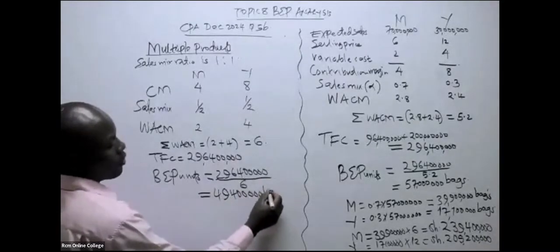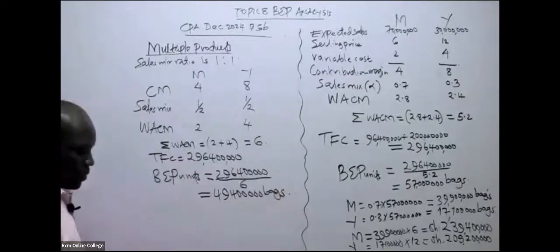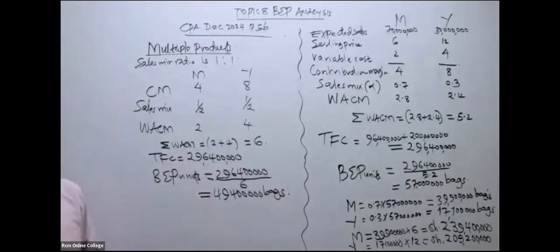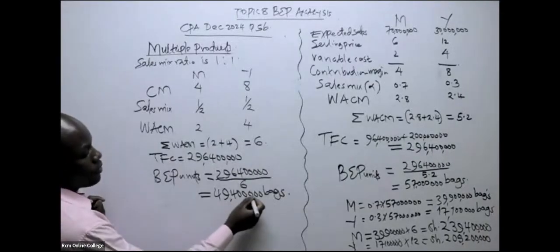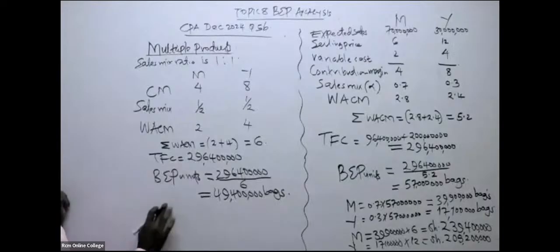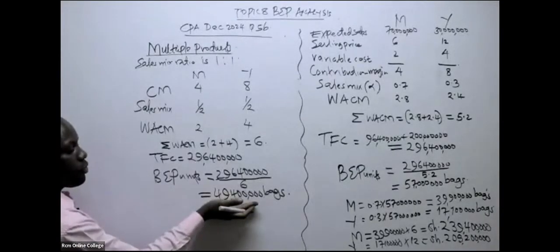49,400,000 bags. Good. Can I get break-even point for each product?